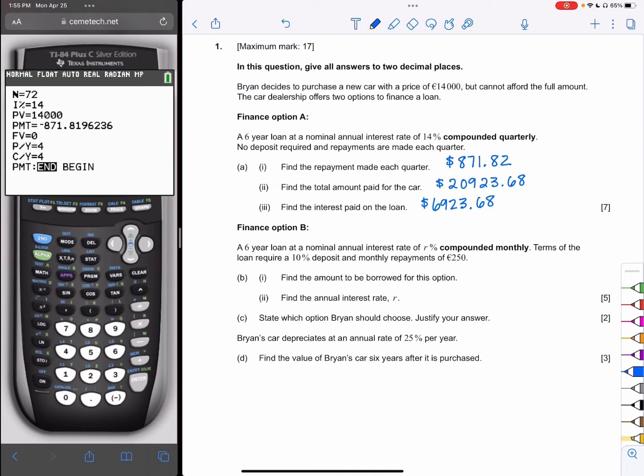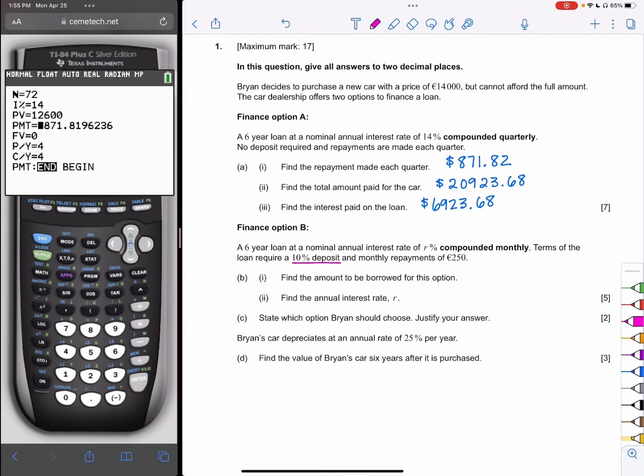Then it says that you have to make a 10% deposit. If I'm making a 10% deposit, that means that I'm paying 10% up front in cash, which means I'm only financing 90% of it. So my present value for the loan is going to be 0.90 times 14,000, which means I'm only taking out a loan for 12,600.